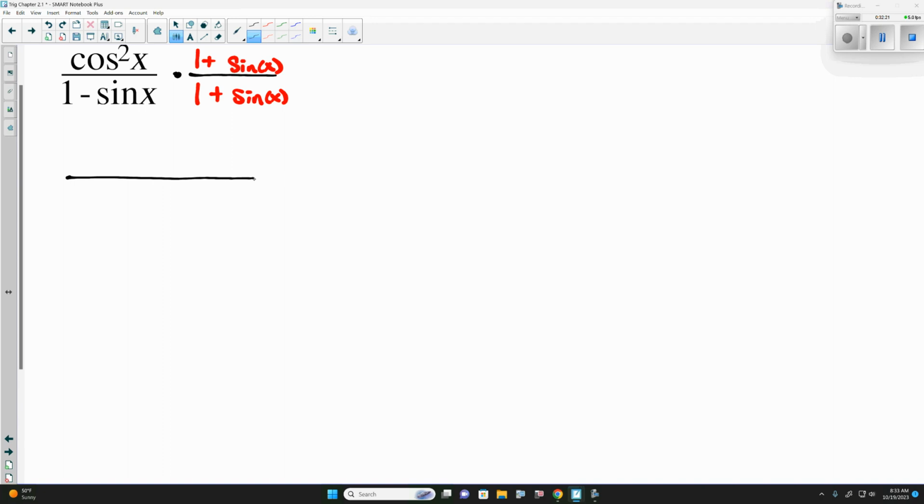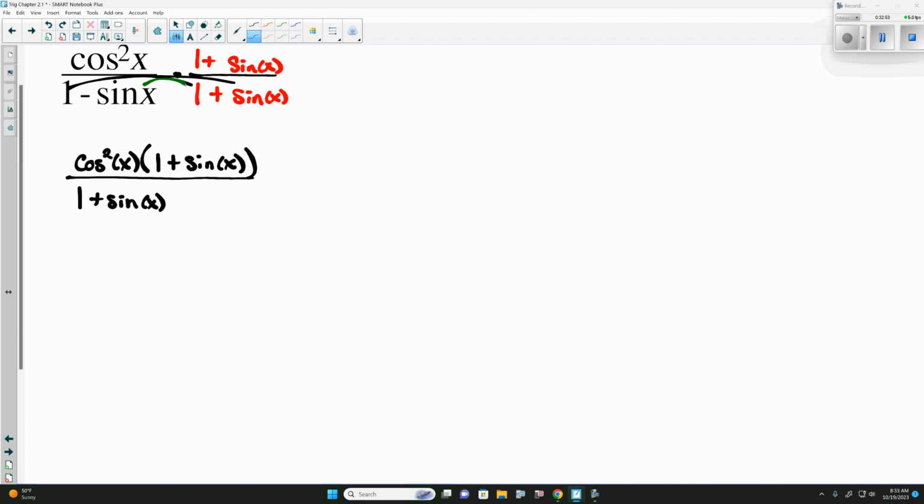Now the numerator, I'm going to leave it in this form, and we'll go from there. Because I see there's actually another way we could have done this, but that's fine. The denominator will have to distribute again. 1 times 1 gives us 1. 1 times sine of x is going to be plus sine of x.